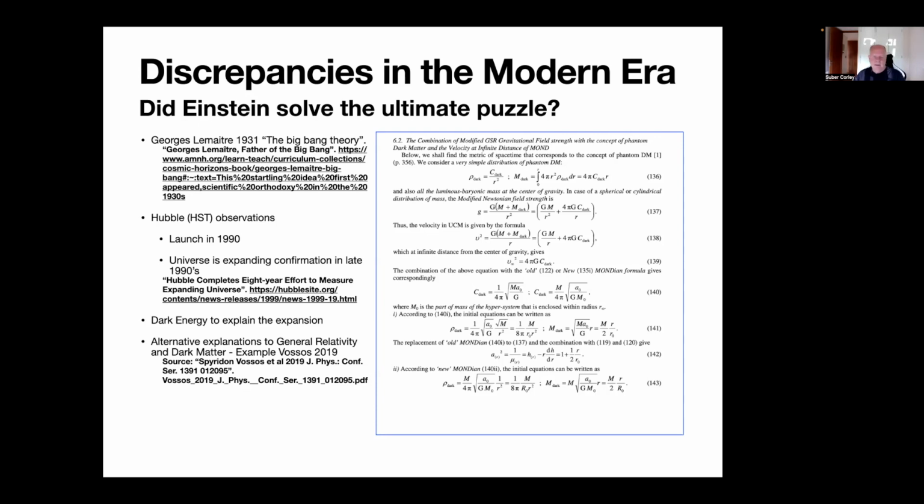I found one, this article from 2019 by a group of Greek astrophysicists attempting to explain that there are other ways to deal with the problems that have been uncovered, and in fact they can enhance general relativity to the point that they no longer need dark matter. So who's to say if maybe eventually someone can come up with an explanation that doesn't require dark energy.